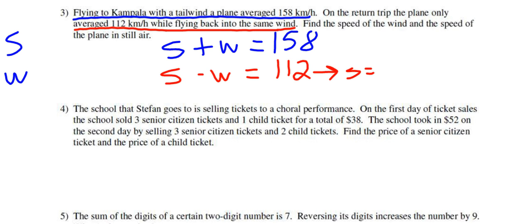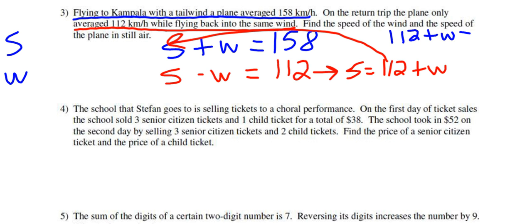So that means S equals 112 plus W. So now I can take that S, plug it in for the S up here. So that means I'll have 112 plus W plus W equals 158. So then 112 plus 2W equals 158.